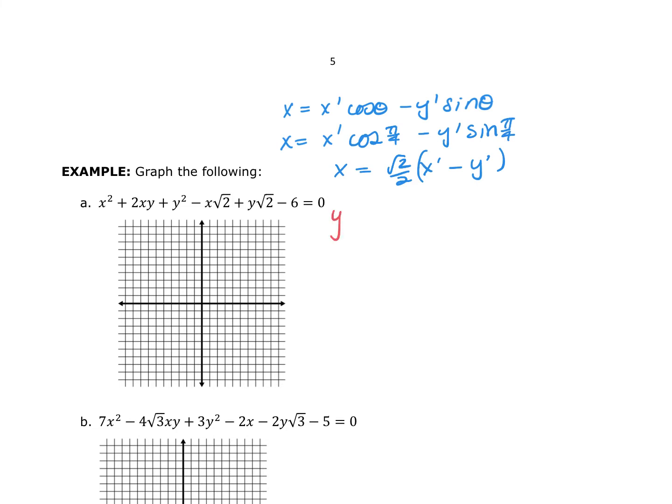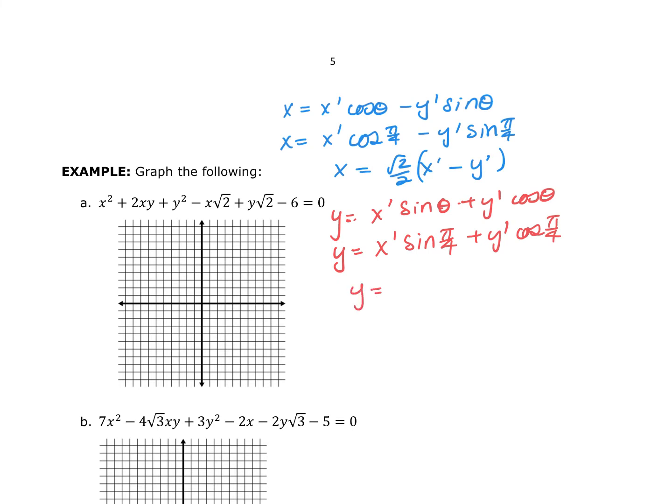My y replacement is going to be x prime times the sine of my angle, plus y prime times the cosine of my angle. So my y replacement in my rotated axes is going to be x prime times the sine of pi over 4, plus y prime times the cosine of pi over 4.